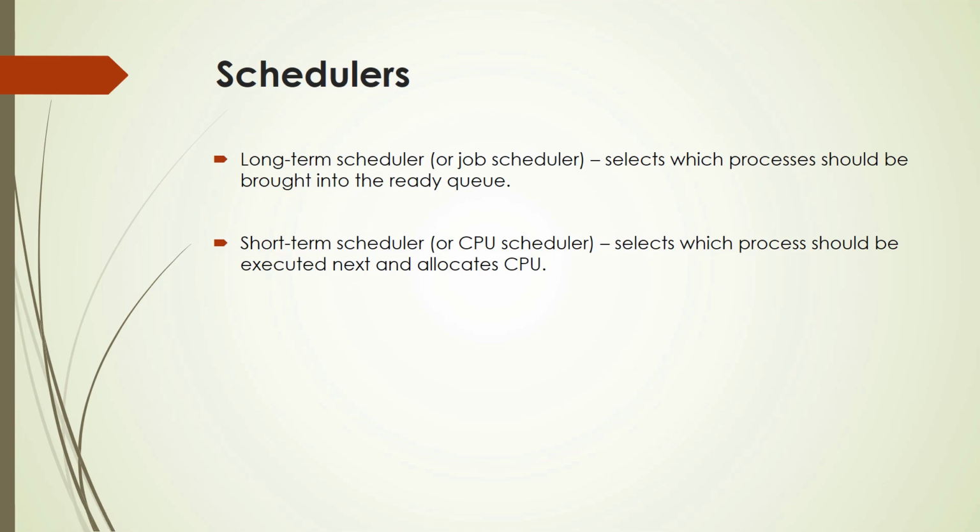So the long-term scheduler will bring the processes from the job queue to the Ready queue, and the short-term scheduler will move it from the Ready queue to the CPU and then back to the Ready queue, then CPU, and the process will continue until the scheduling program finishes the execution of the particular process.